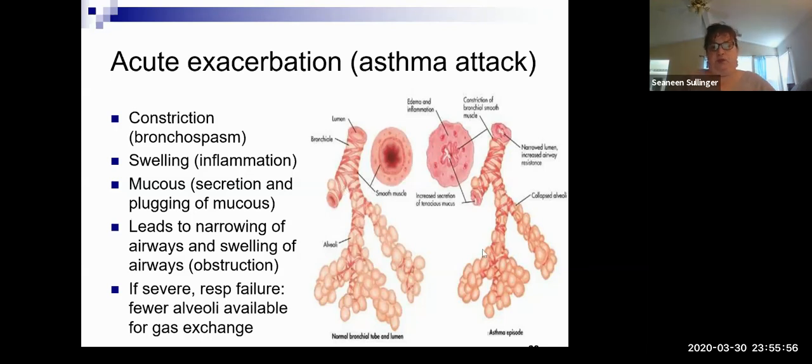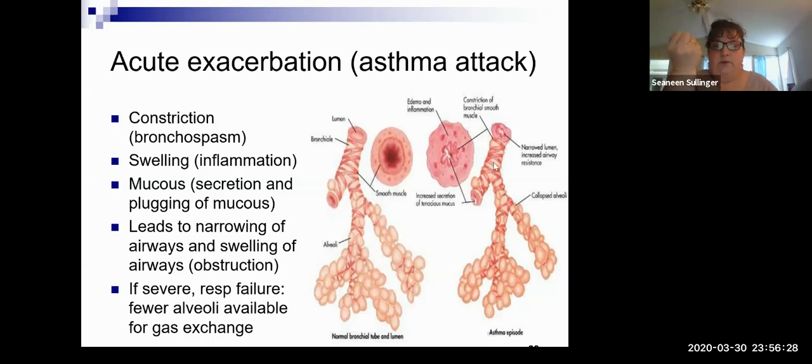And then you can see here with the asthma episode that because of the secretions and mucus, you get the constriction of the smooth muscles. So not only does the opening close up, giving you increased resistance because it's harder for air to get in and out, but you also have constriction of the smooth muscle around the bronchi and bronchioles.